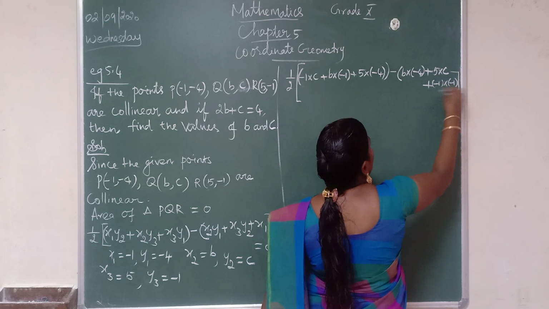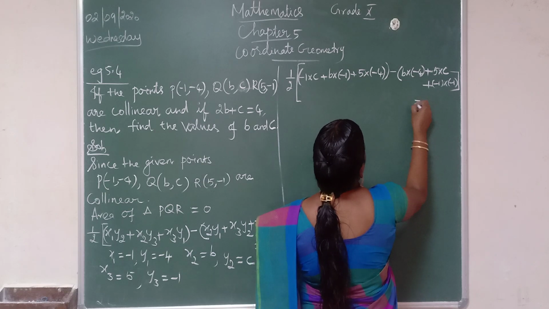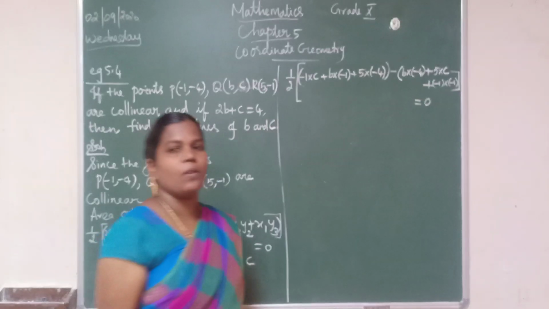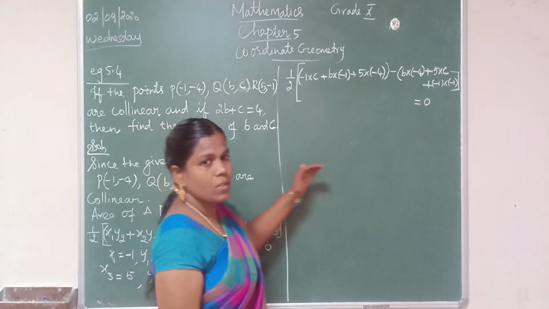Close the bracket. Is equal to 0. Why? The area of the triangle is 0 since the points are collinear, so equal to 0 can be taken.